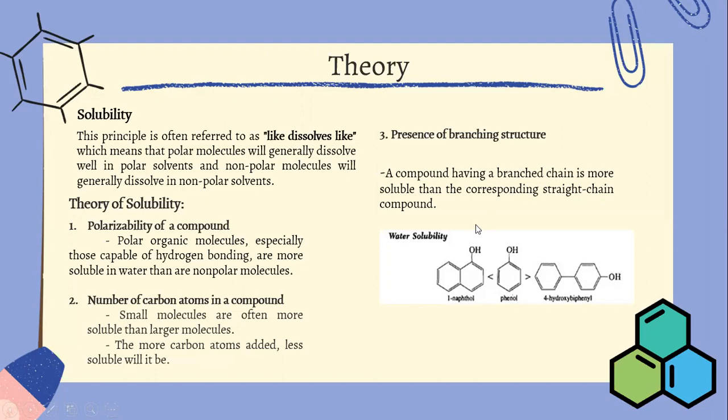The next factor is the number of atoms in a compound. Small molecules are often more soluble than larger molecules, which means that organic molecules that contain more carbon atoms are less soluble. Next is the presence of branching structures. A compound having a branched chain is more soluble compared to a straight chain compound.